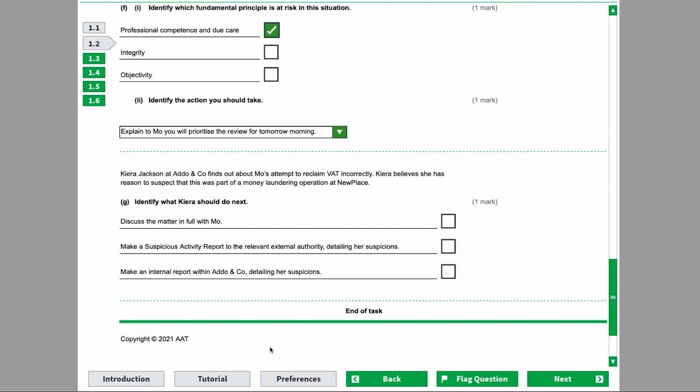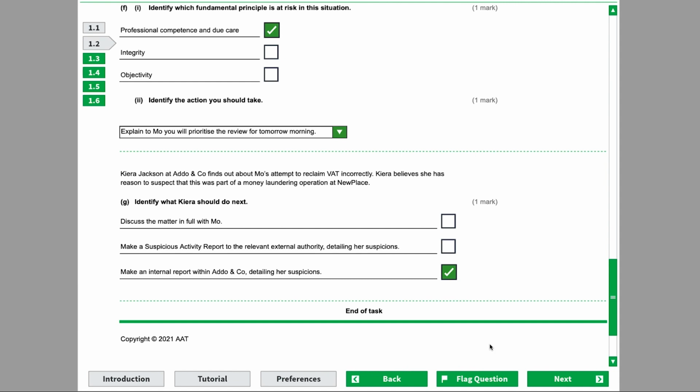Now, unless there is some sort of definite evidence, making an SAR is possibly a little bit extreme at this stage. If for whatever reason she did have solid evidence, that would probably be your best option. But as at this point she just has a reason to suspect, the best option would be to make an internal report. So it would be option number 3.